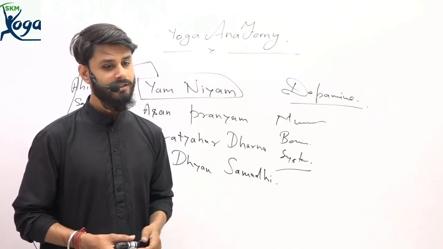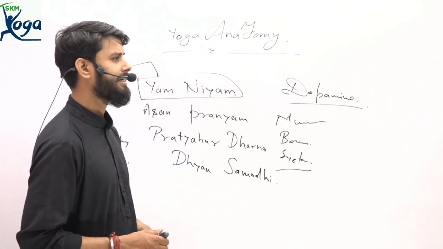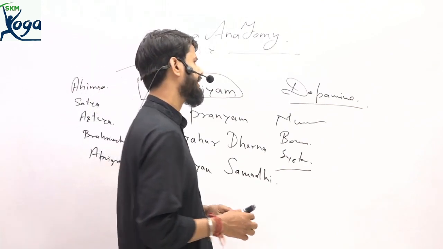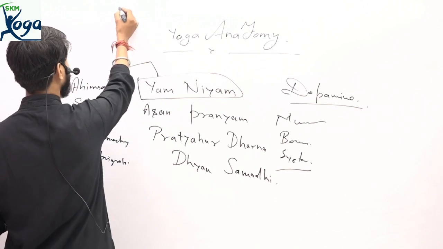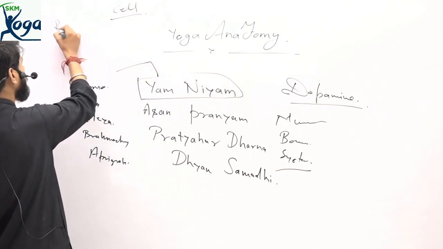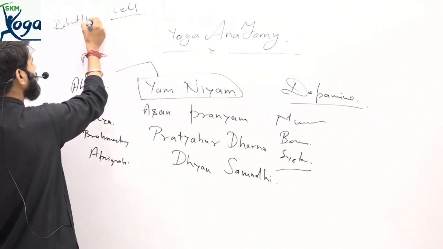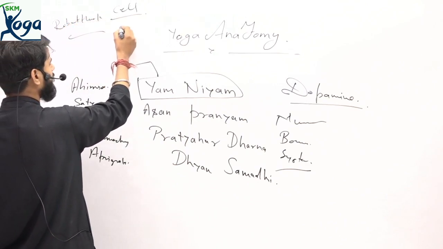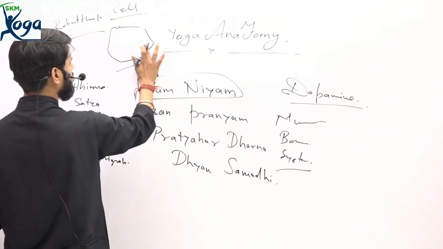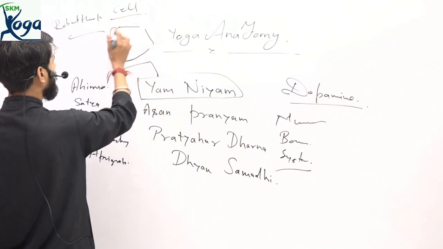You need to understand how cytology is going to prepare you. For example, we can talk about the cell. What is a cell? First, Robert Hooke identified this kind of structure in the human body.